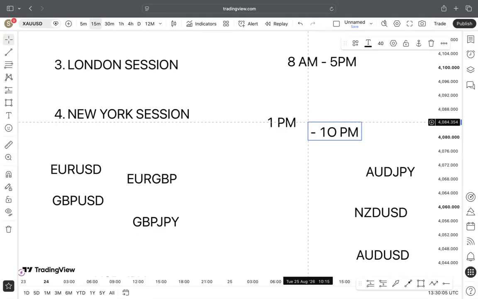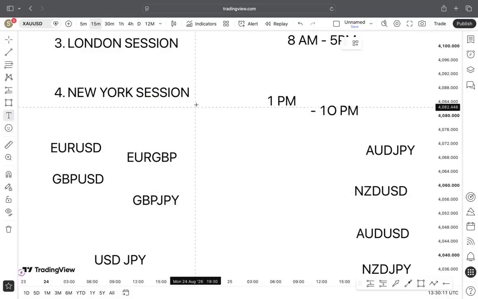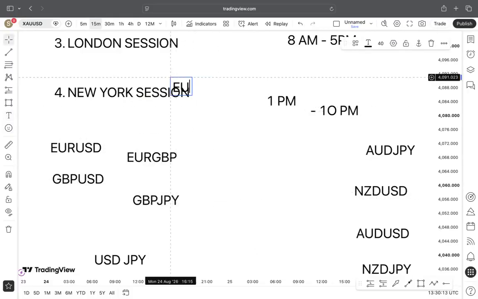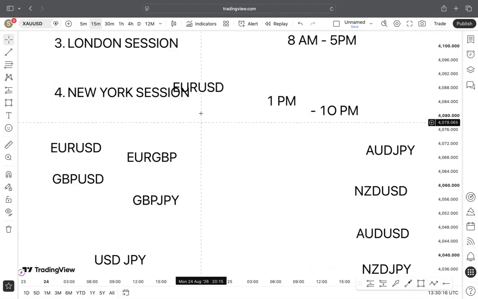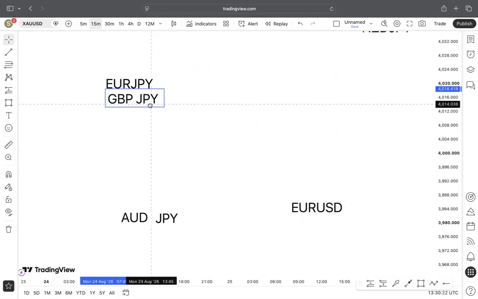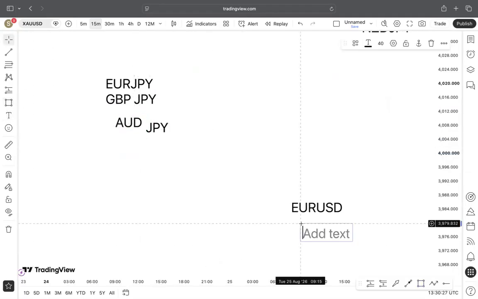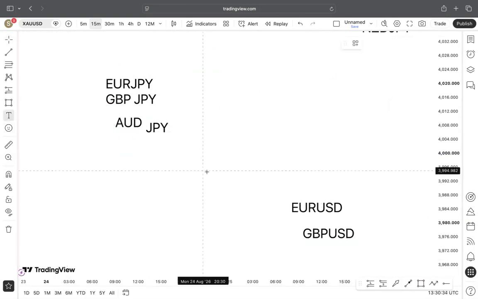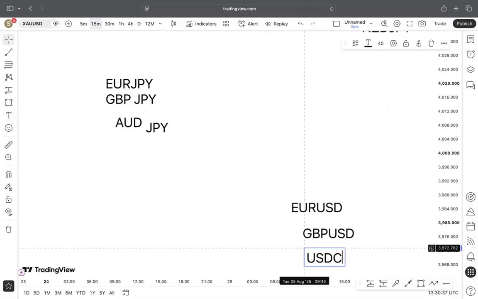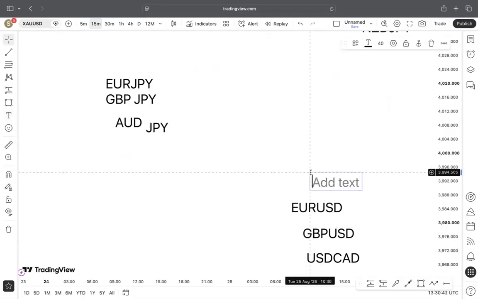And the most active pairs in this session include Euro USD, GBP USD, USD CAD, and then USD JPY.